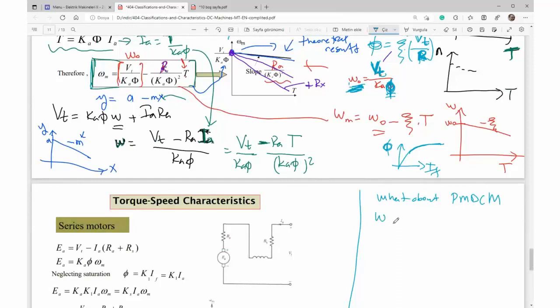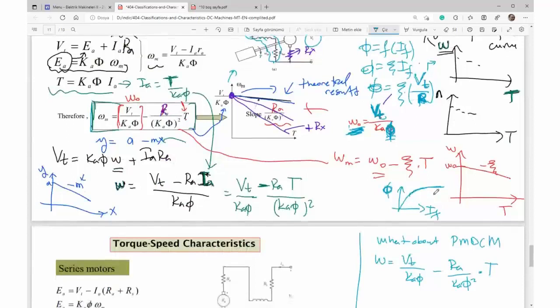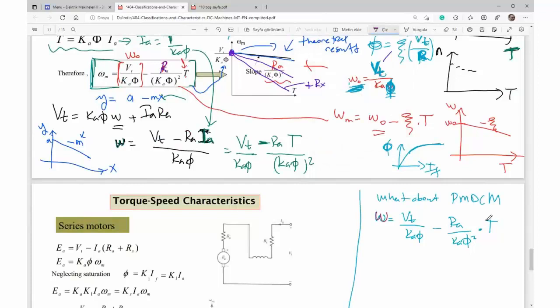The relation was this: angular speed is equal to Vt over Ka flux minus Ra over Ka flux squared times torque. Okay. We were discussing the torque speed curve.